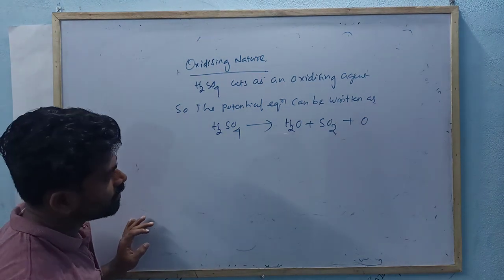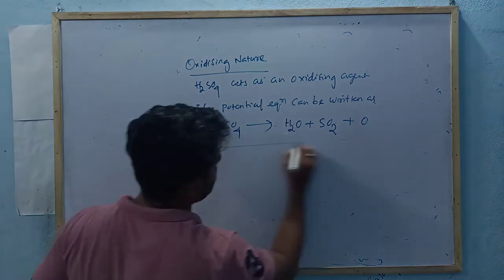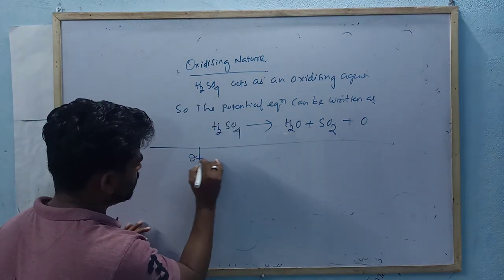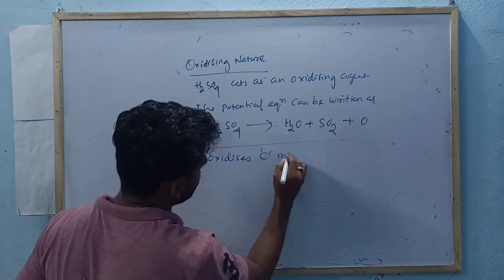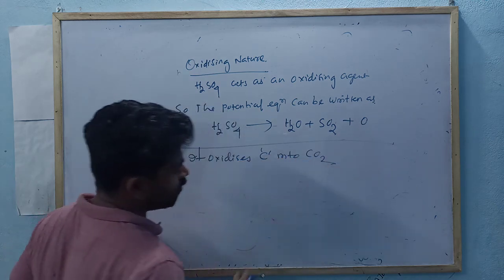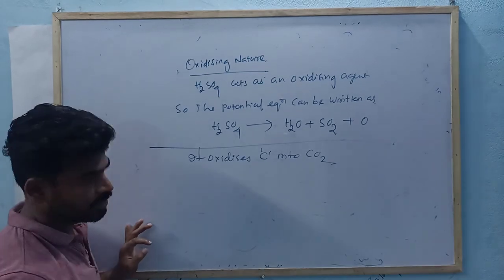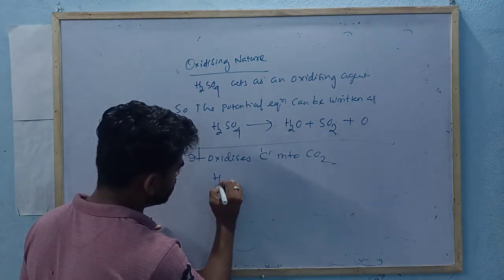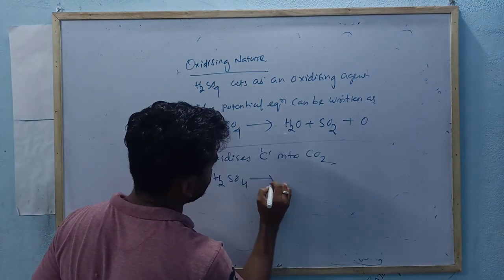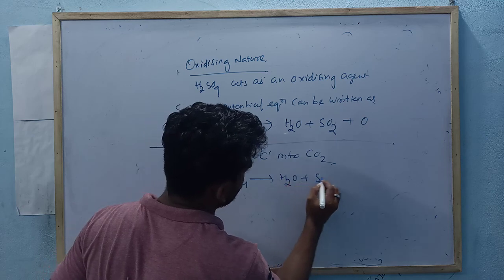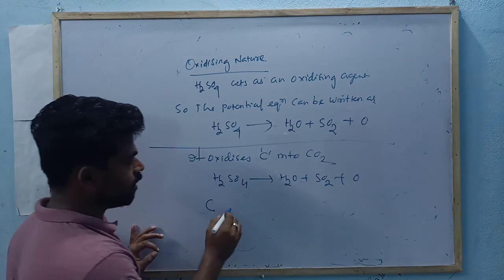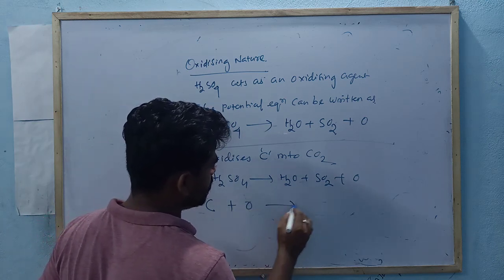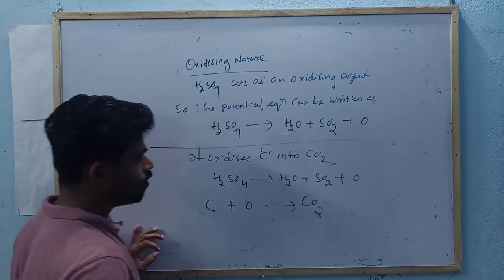The first oxidizing property is that it oxidizes carbon into carbon dioxide, a non-metal into its non-metallic oxide. Write down its potential equation: H2SO4 giving rise to H2O plus SO2 plus nascent oxygen. Next, carbon takes up this nascent oxygen and gets converted into CO2.